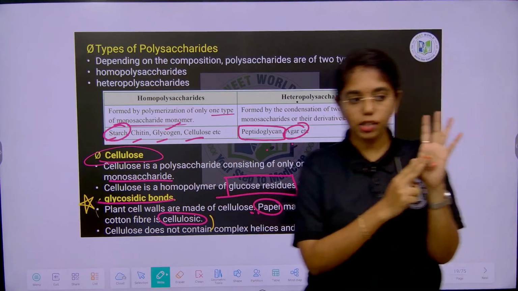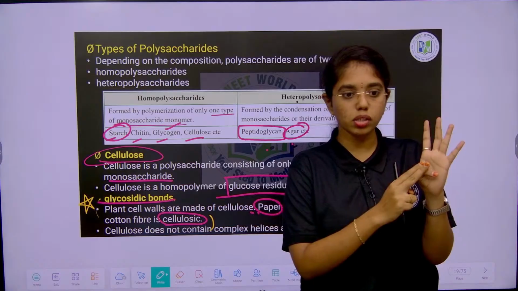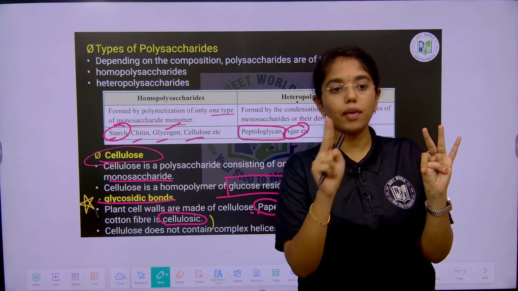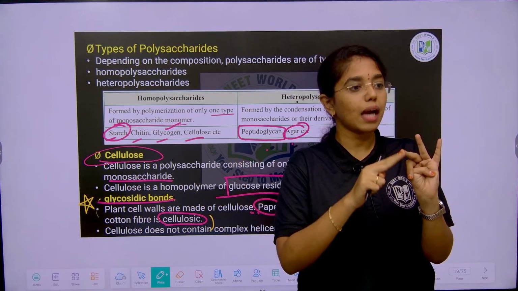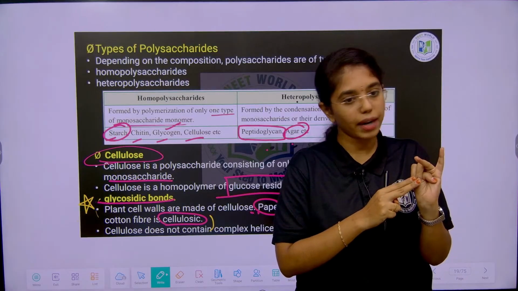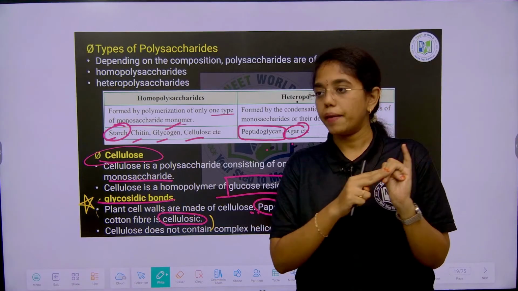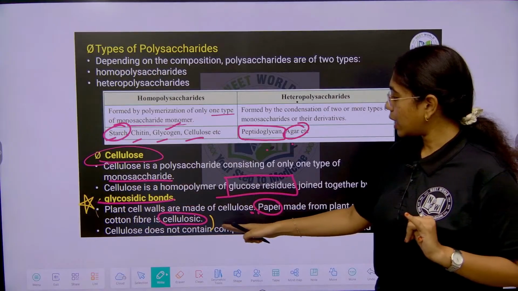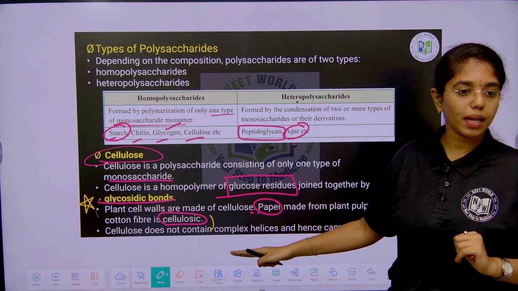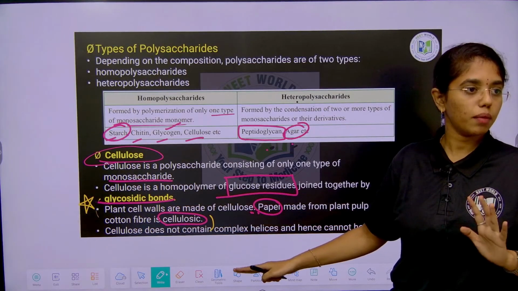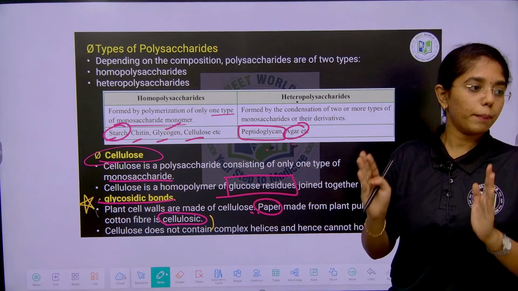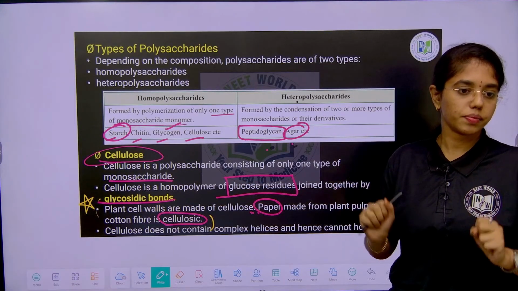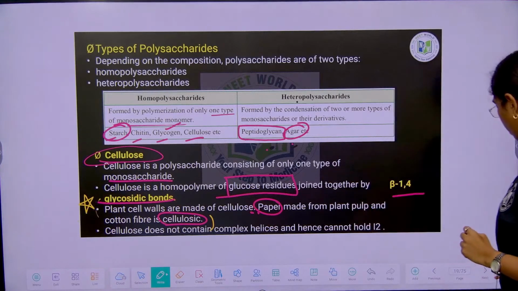Simple, it has only one monosaccharide, glucose, with what bond? Beta 1,4 glycosidic bond. It is abundantly present in plant pulp and used in paper industry, and it is not forming any complexes with iodine, that is all, because it does not have any branched or complexes, right. So, that is it about cellulose.